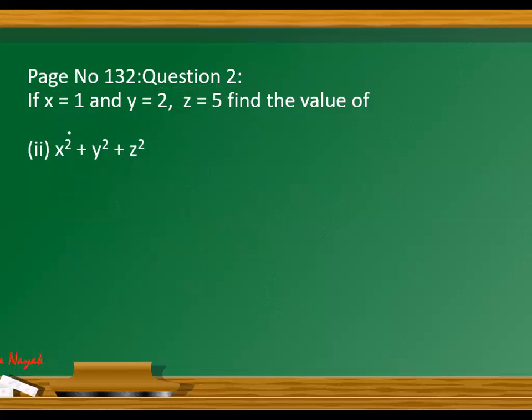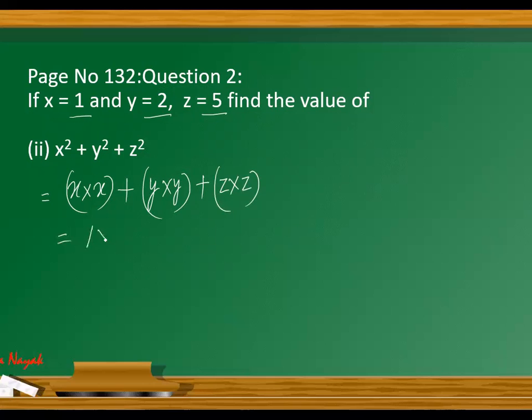Next is second part. Same question, x is 1, y is 2, z is 5, you evaluate this. So x squared. x squared means x into x. y squared, y into y. z squared, z into z.